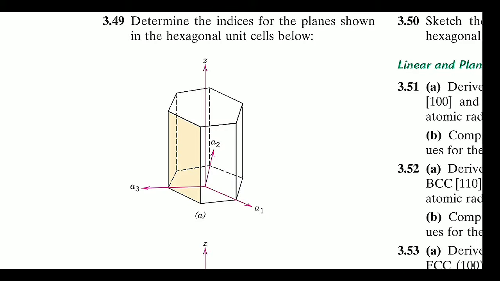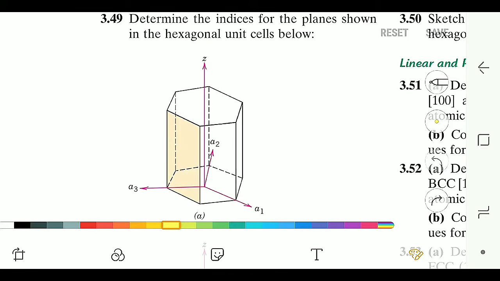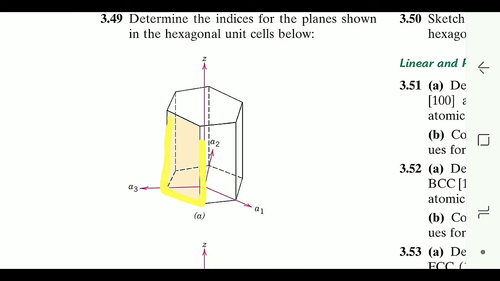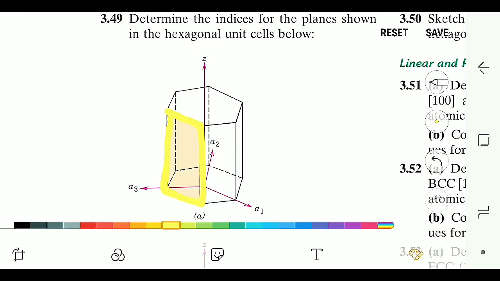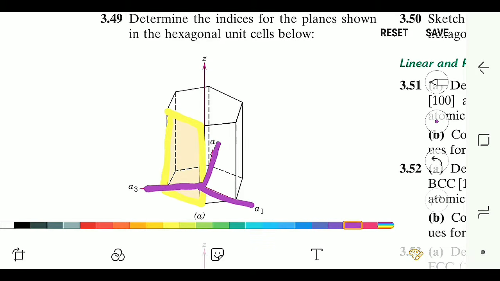You can see clearly where the plane is lying. For initial thought, you can see here that the plane is intersecting the A3 axis right at this point. Here's the plane, and you can see the axis lines to be this, this, and this. These are the basal lines. We'll talk about the z-axis later.